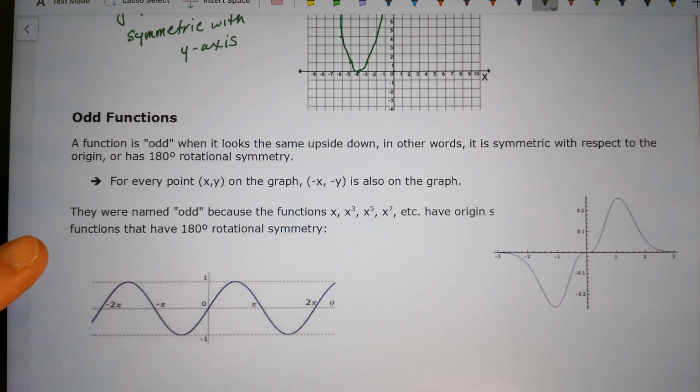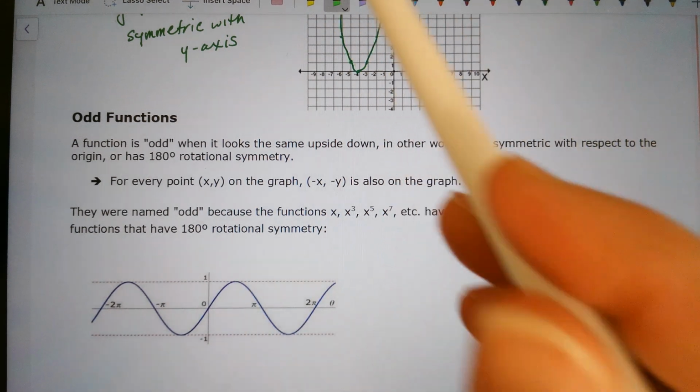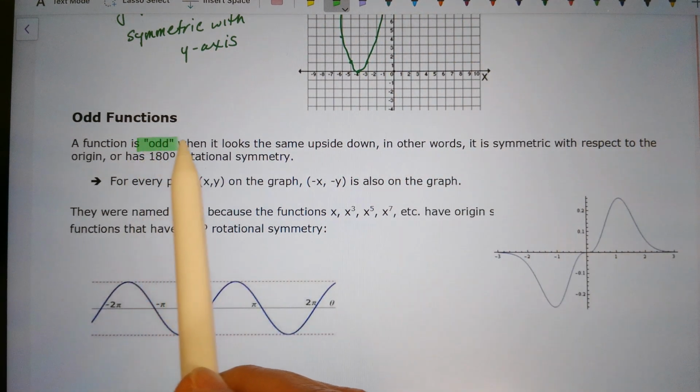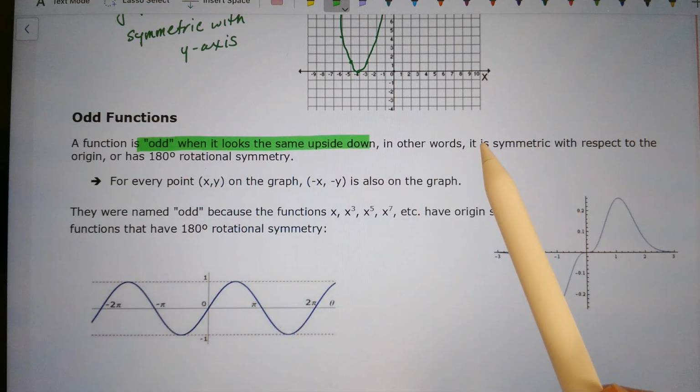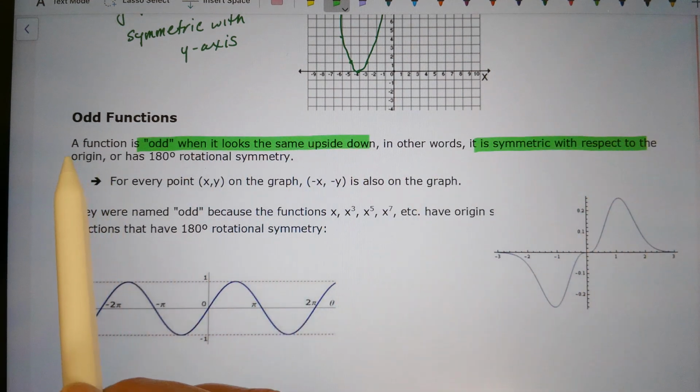An odd function: a function is odd when it looks the same upside down. In other words, it is symmetric with respect to the origin, which is the same as 180-degree rotational symmetry.